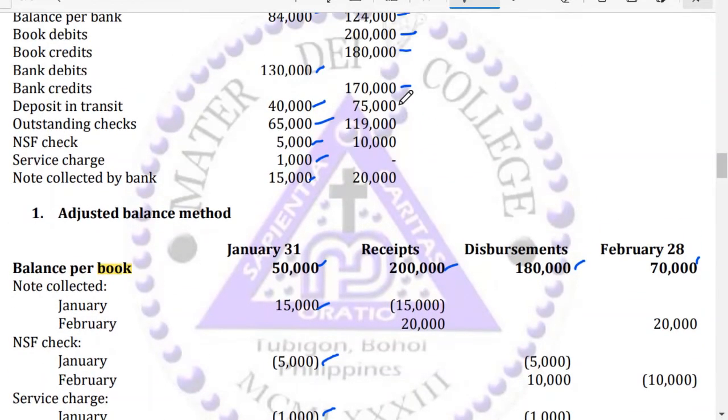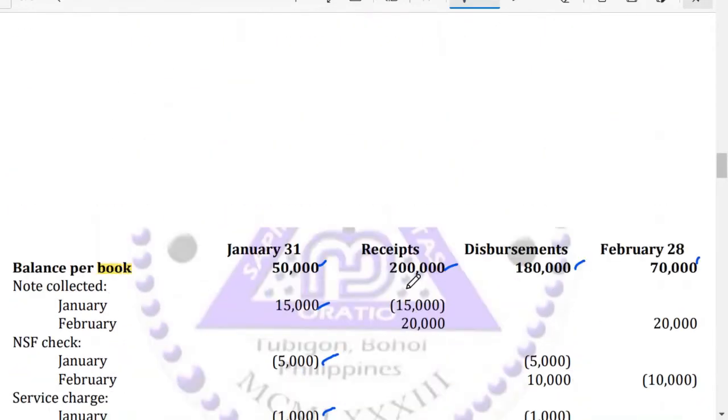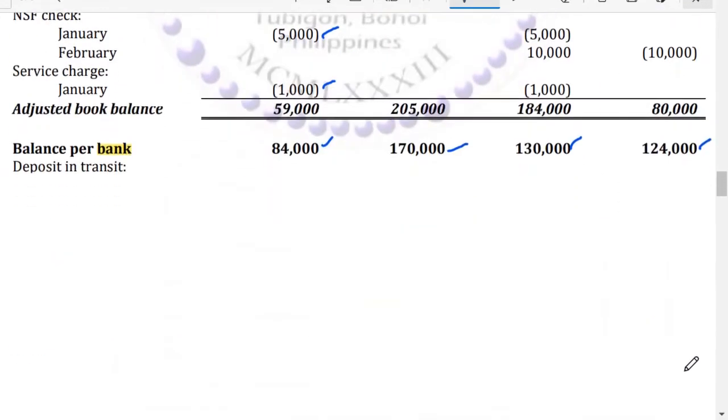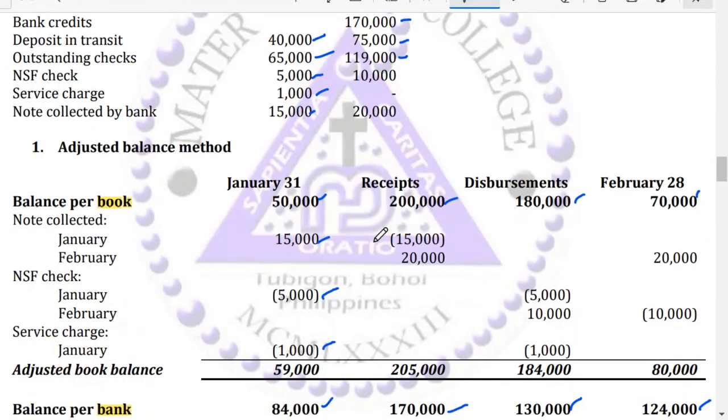Now, let's go to February. So you have deposit in transit, go back here, deposit in transit. Put it in the February column. So that's 75. Next, you have outstanding check. This is also February, so put it in the February column. And then, you have the NSF check.